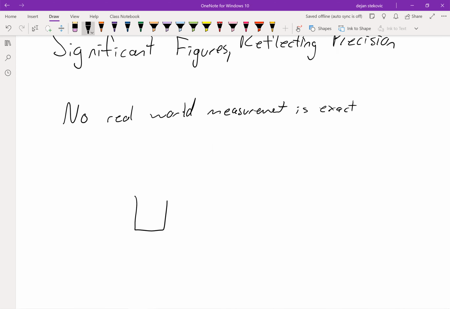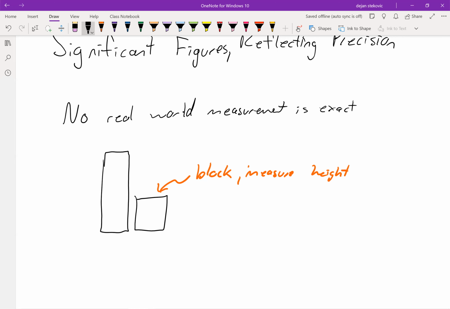So for example, let's take a block. This is just going to be some kind of block, and we're going to want to measure the height of the block. Over here, we've got our ruler that we're going to use to measure our block.